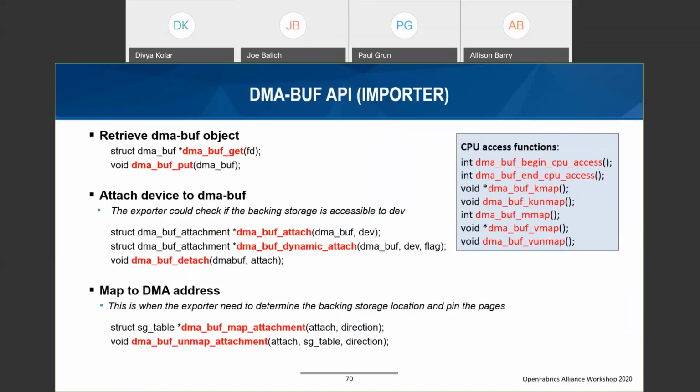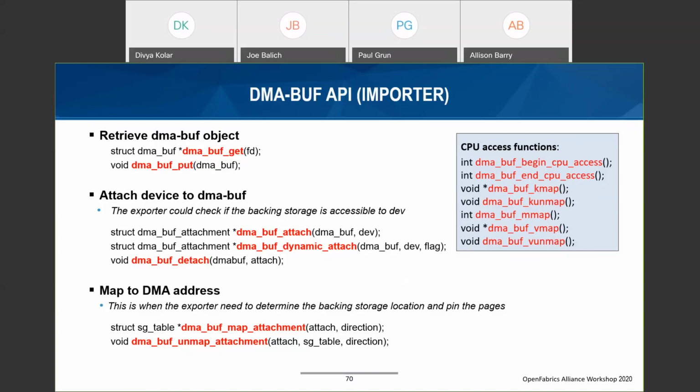At the importer side, there's also a set of functions. Most importantly, there is DMA-Buf get to retrieve the DMA-Buf object from the file descriptor, and there is DMA-Buf attach, which associates the device at the importer side with the DMA-Buf.